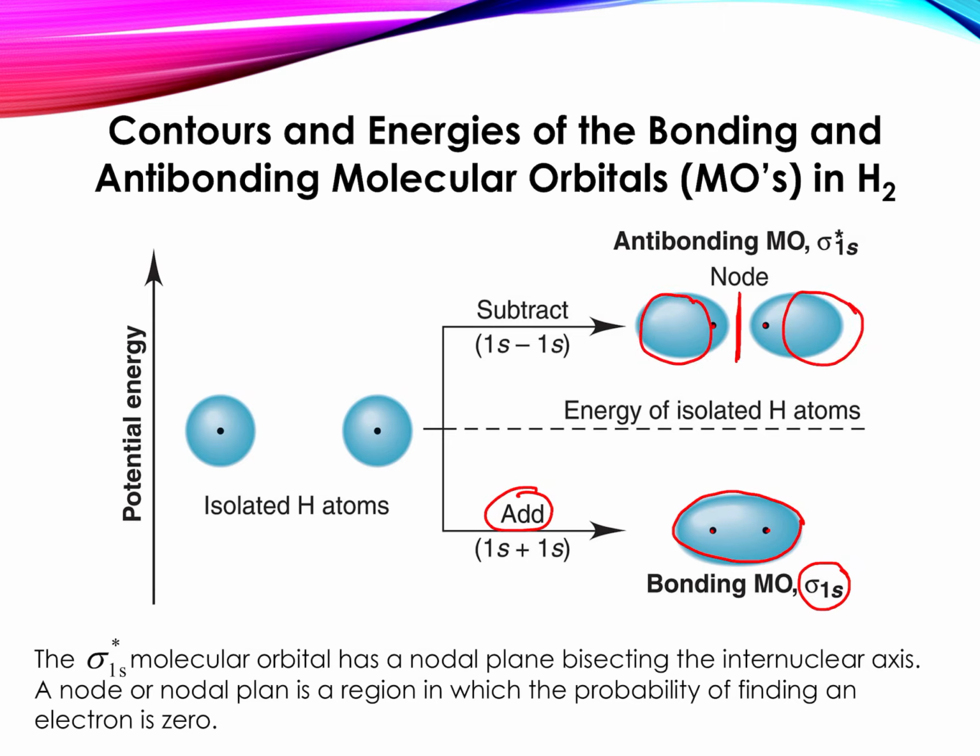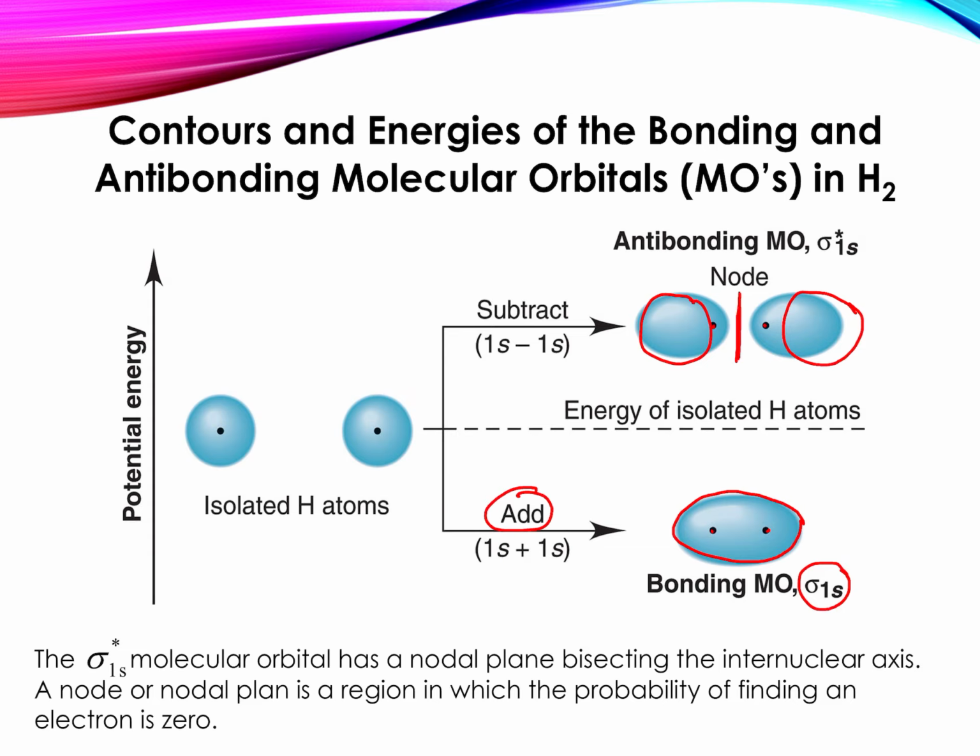So here down at the bottom it says the sigma star 1s molecular orbital has a nodal plane bisecting the internuclear axis. So going right through those 2 nuclei. A node or nodal plane is a region in which the probability of finding an electron is 0. So you're going to need to be able to recognize and draw these.